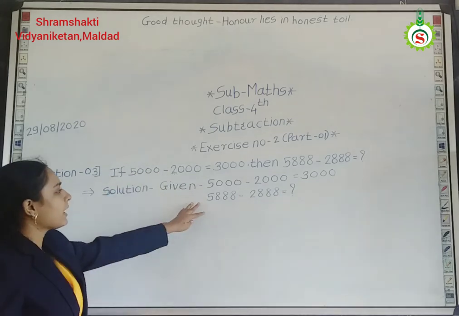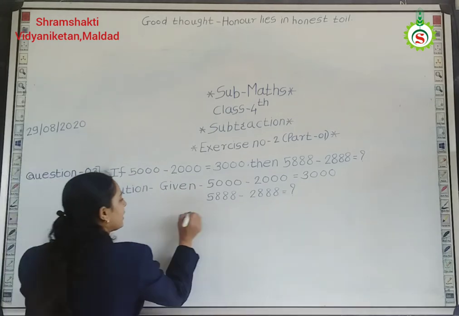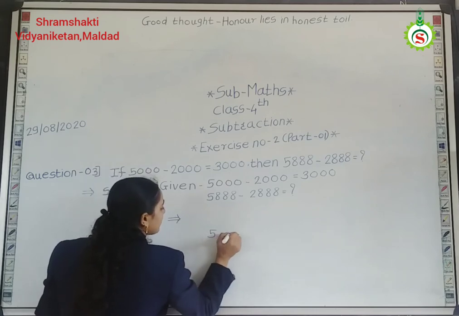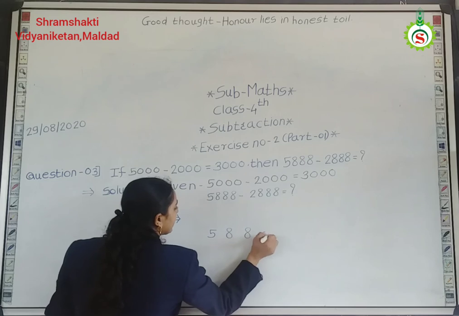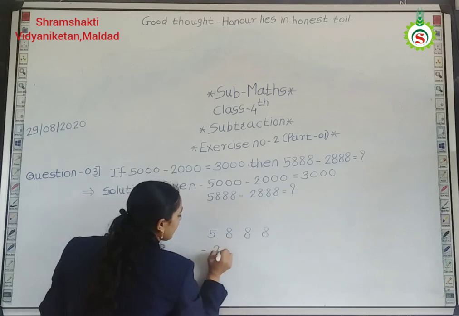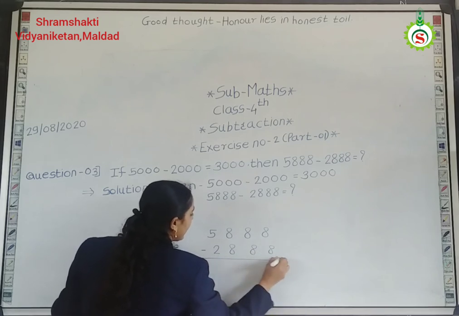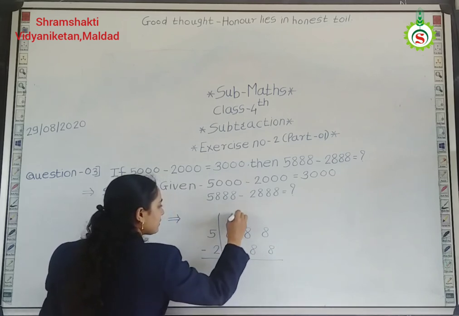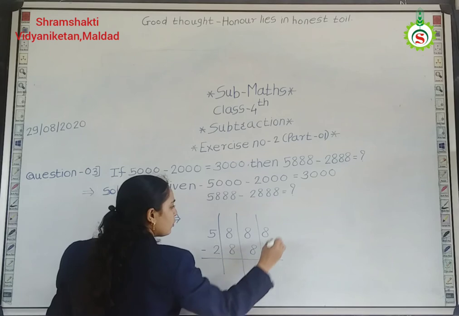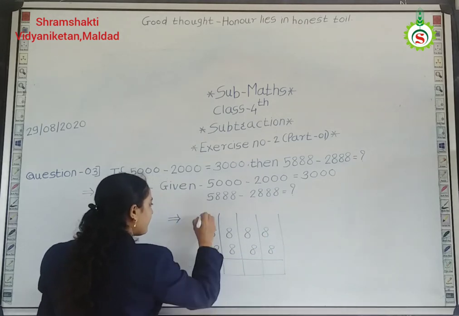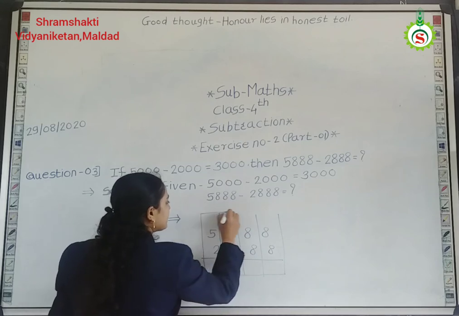So write down this given problem vertically. 5888 minus 2888. Make columns. Then give places and solve this example place wise.